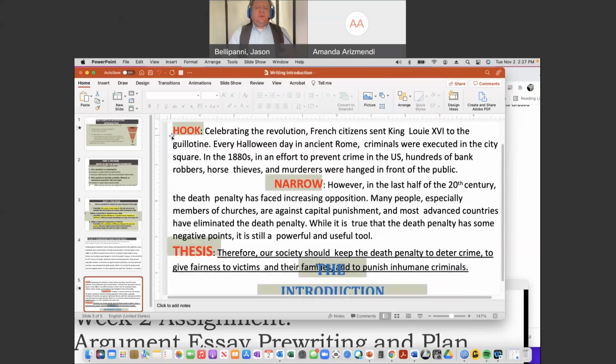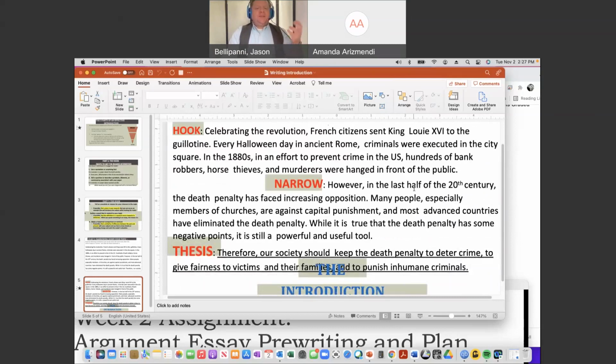All right. So the hook, saying something dramatic, celebrating the revolution. France had sent King Louis to the guillotine. You're like, all right, so this violence is great clickbait, apparently. This is Facebook sort of going on. So anyway, you do a hook, then you start to narrow the subject. You start pretty broad.